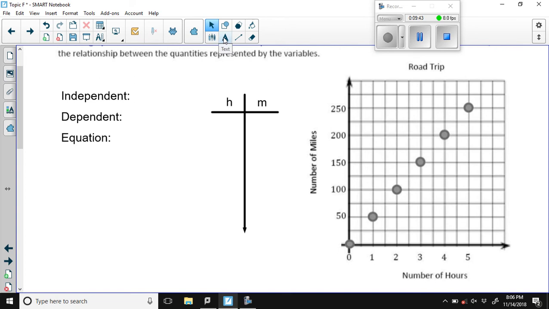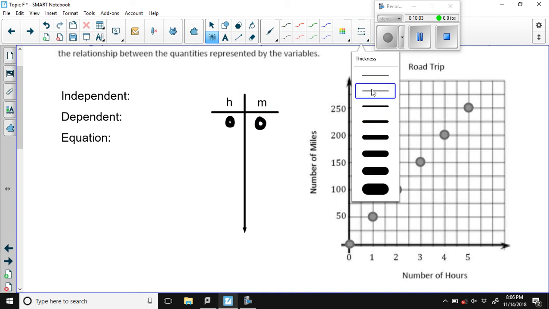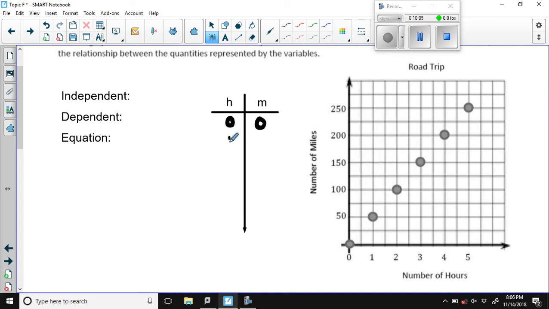So if I have traveled 1 hour, so I've been in the car for 1 hour, according to this graph, I should have traveled approximately 50 miles. Okay, so I'm going to go 0 hours, 0 miles, 1 hour, 50 miles.